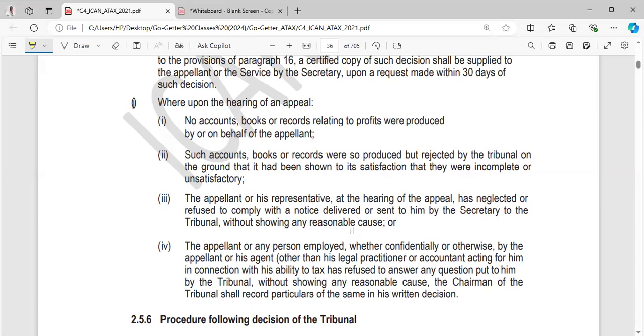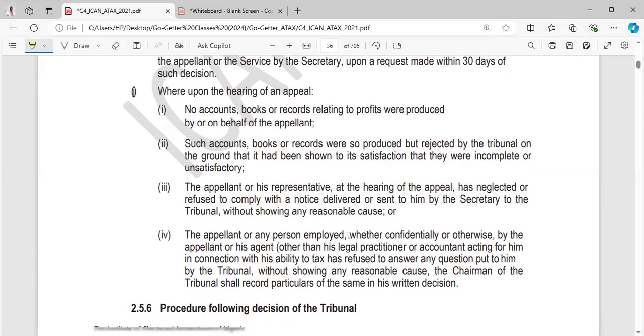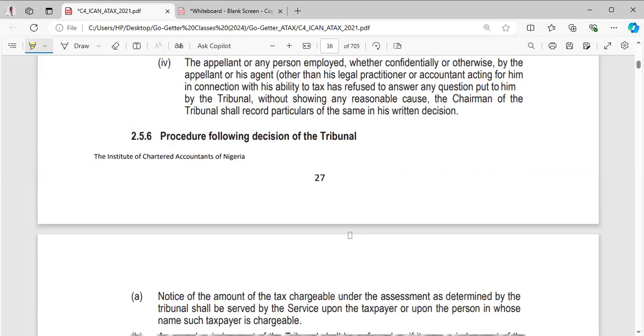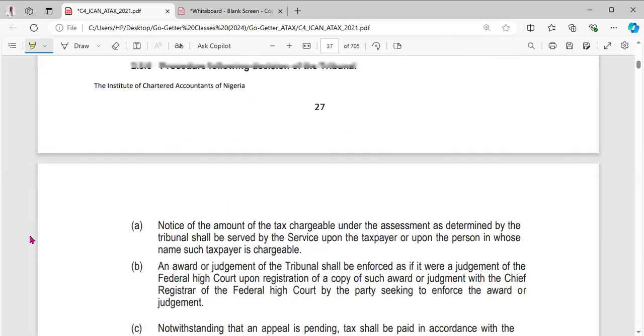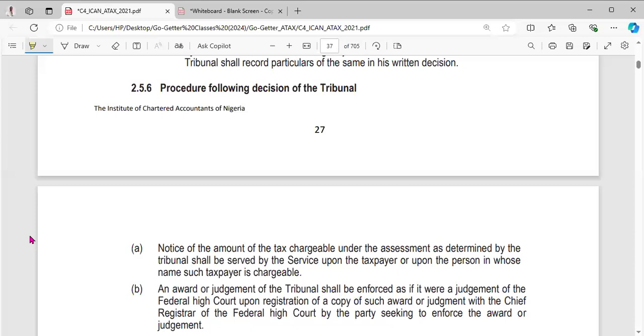Now, what happens after the tribunal sits and judgment is passed? One person will be aggrieved, one person will rejoice. What happens? The notice of the amount of taxable charge of tax chargeable under the assessment as determined by the tribunal shall be served by the service upon the taxpayer or upon the person whose name is written.